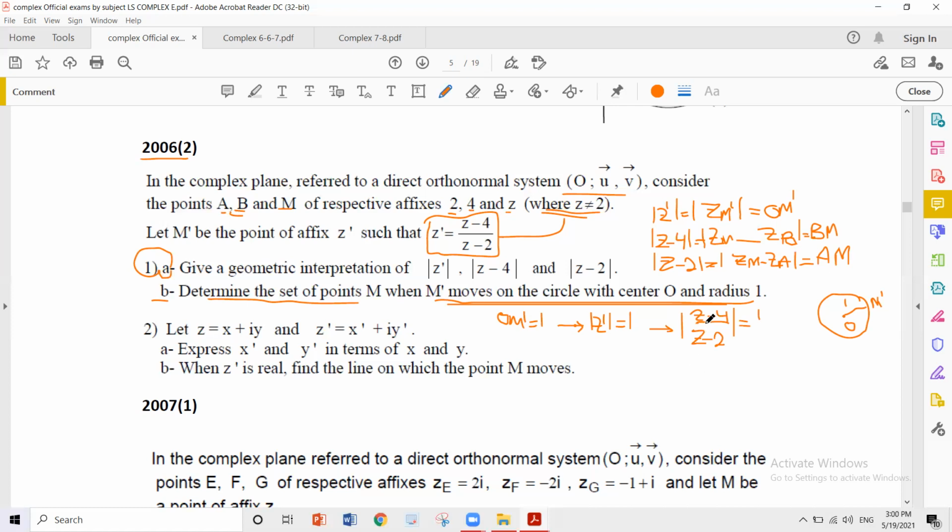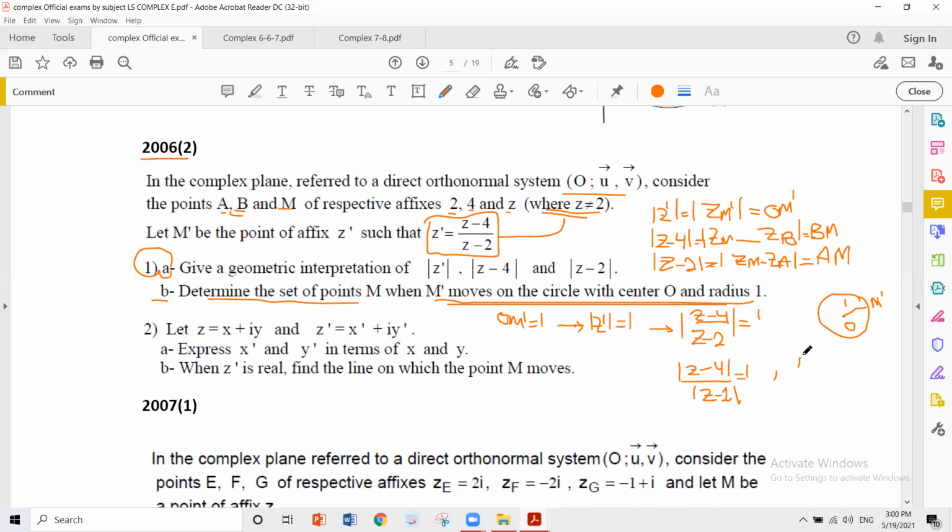So, by the property of the modulus of Z1 over Z2, the modulus of z minus 4 over the modulus of z minus 2 equals 1.